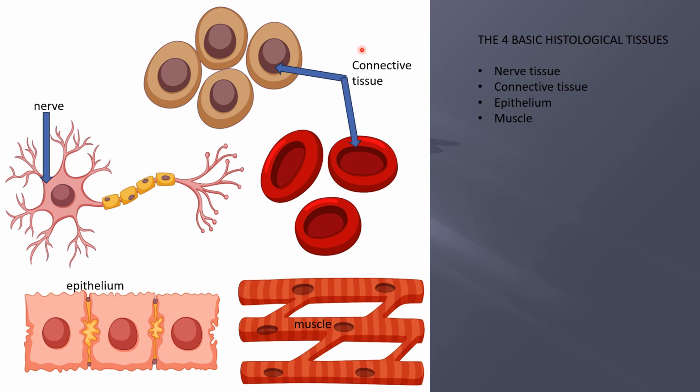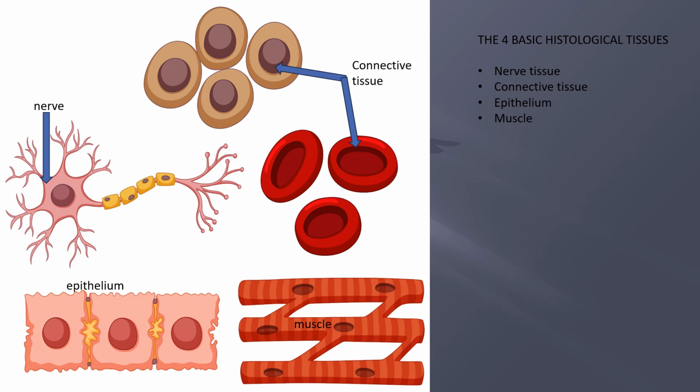Well, now you know it. Number three, we have epithelium. Number four, we have muscle. Right, so these are the four basic tissues that we're going to focus on in histology, but we'll make separate videos for each tissue. Right now, just know that there are four basic histological tissues.